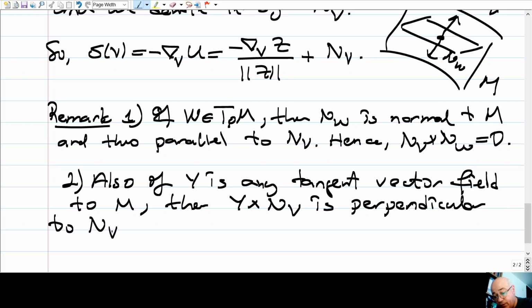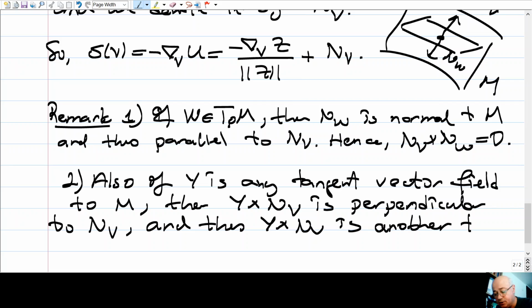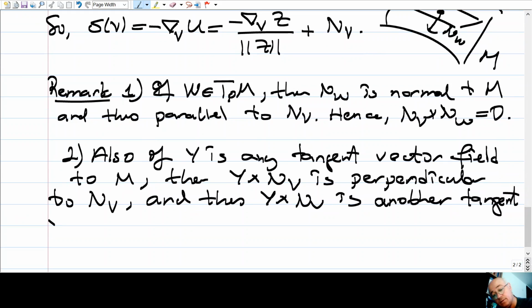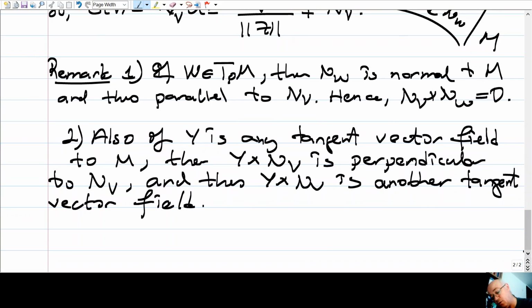But this is the normal vector, and this is perpendicular to this one. Therefore, this is another tangent field. Then it is perpendicular to NV, and thus Y cross NV is another tangent vector field. Okay.